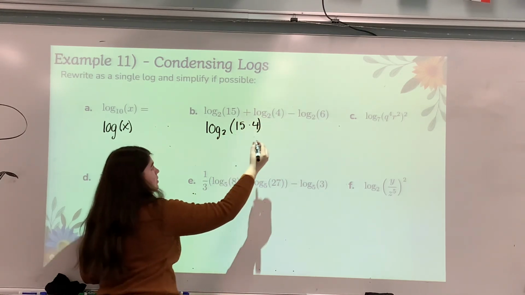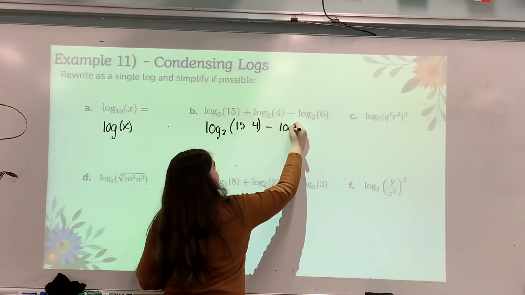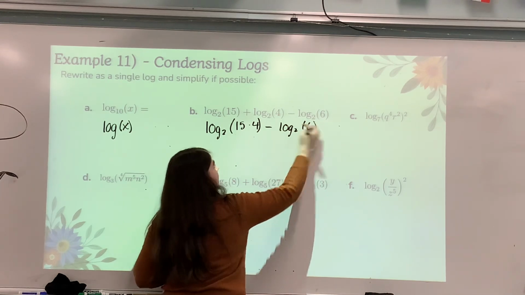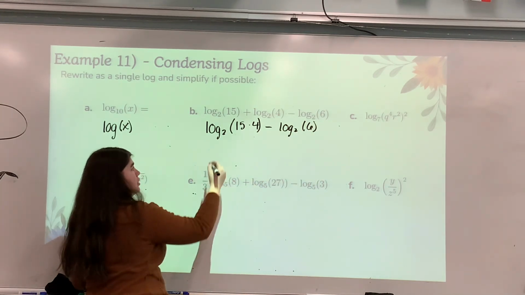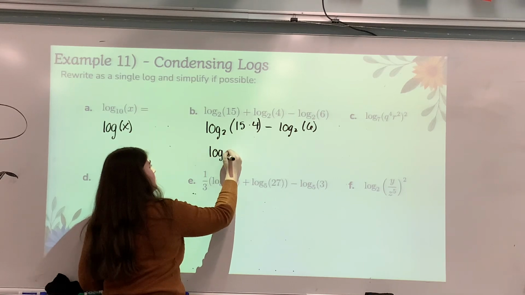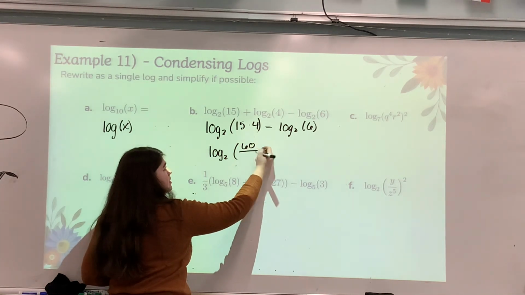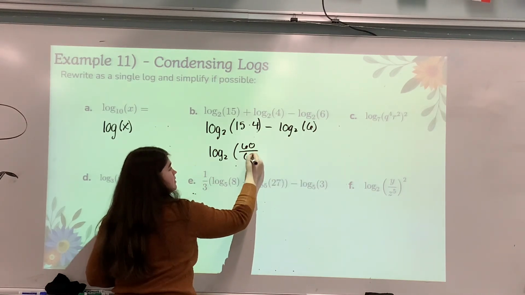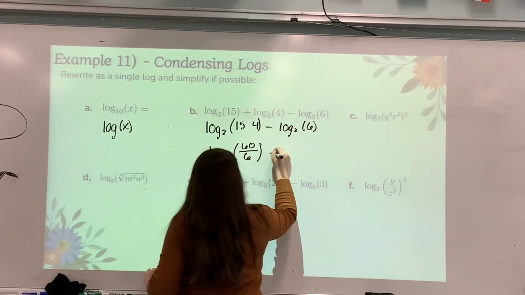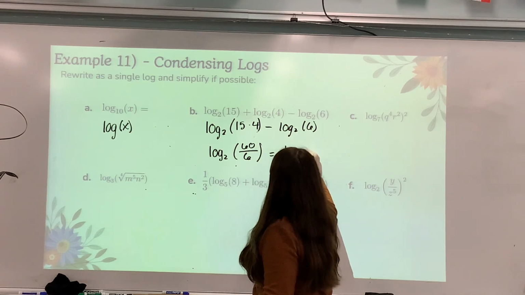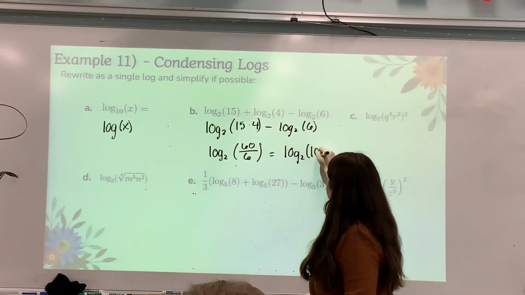Minus log base 2 of 6. What happens when you subtract? Division. So we have log base 2 of 60 divided by 6, which means that we really have log base 2 of 10.